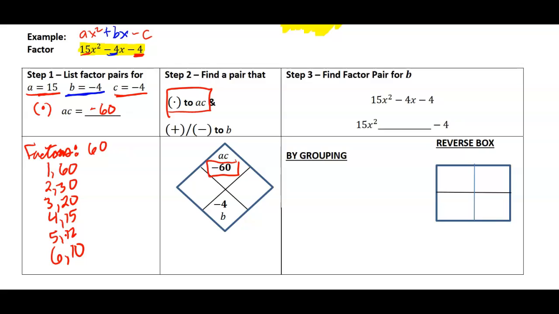Then for the number in the middle, which is b, being negative 4, that's the number that goes in the bottom. So negative 4 in the bottom. And essentially, I want to be able to add to negative 4 and multiply to 60.